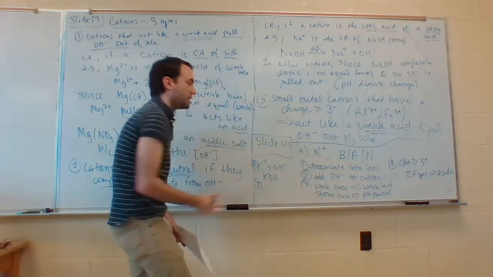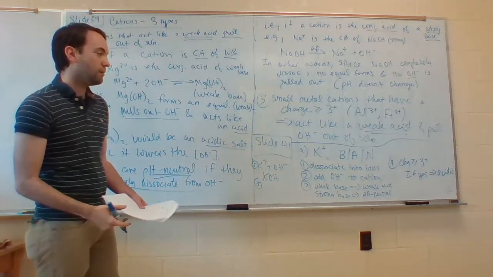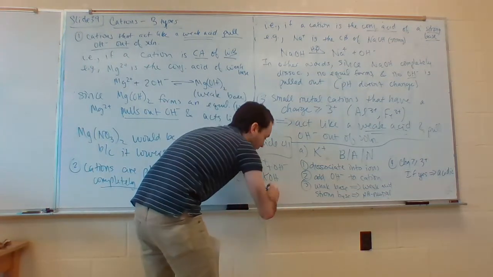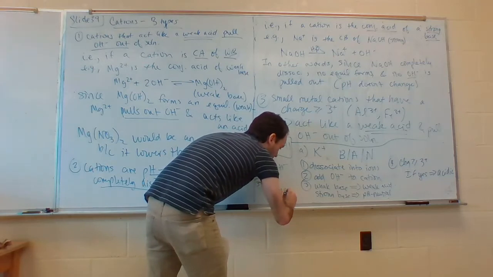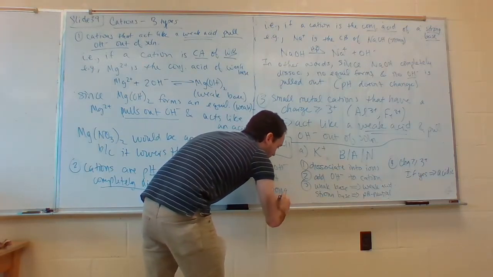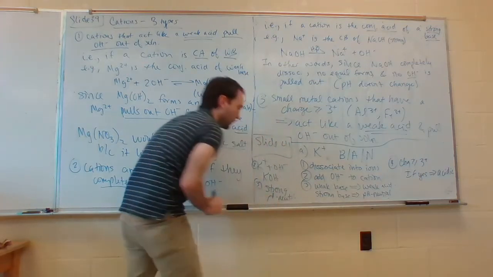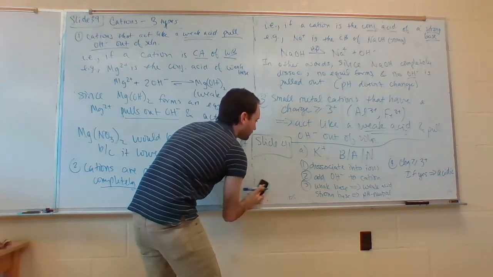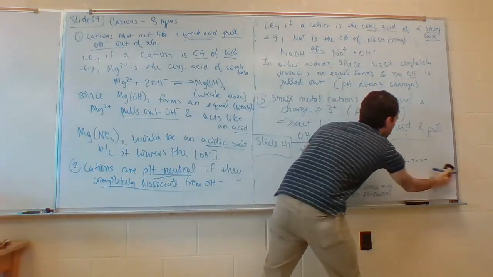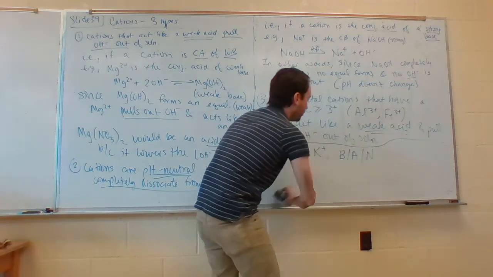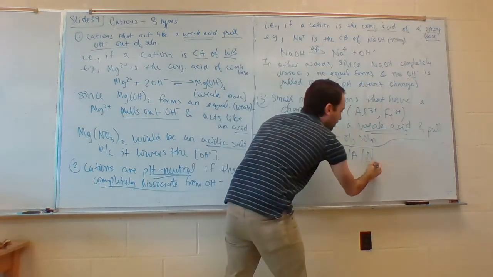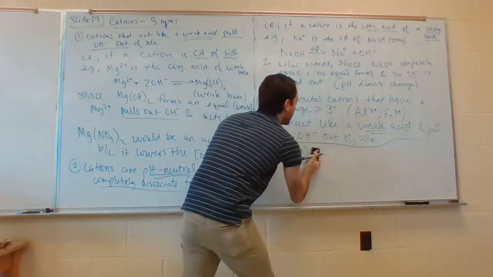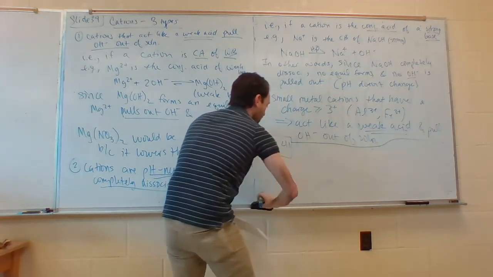Step 3 is to say, okay, is it a weak base or a strong base? This completely dissociates, so it's a strong base. And that means that we know it is pH neutral. All right, so that's not bad. So we would have marked it as neutral for our cation.